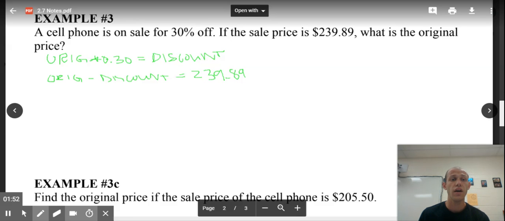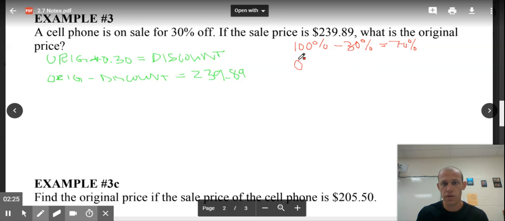Now, we could figure this out through moving things around and doing algebra. But we don't really need to do things that complex. We just need to change our thought process to method two, where we're looking at what percent we have left. So method two, we always think about we're paying 100% of something, but if it's 30% discount, what we are actually paying is 70% of the original price.